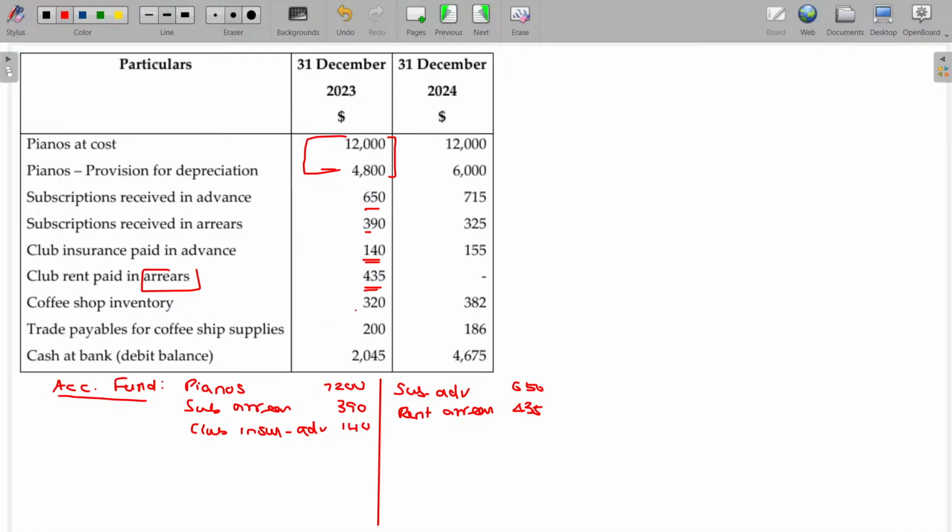Coffee shop inventory is an asset, coffee shop 320. Trade payables for the coffee shop supplies, a liability, okay, liability, trade payables.